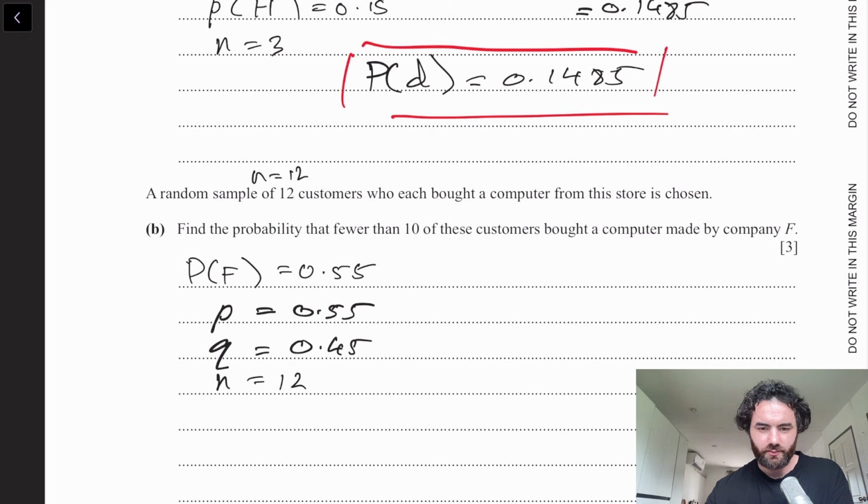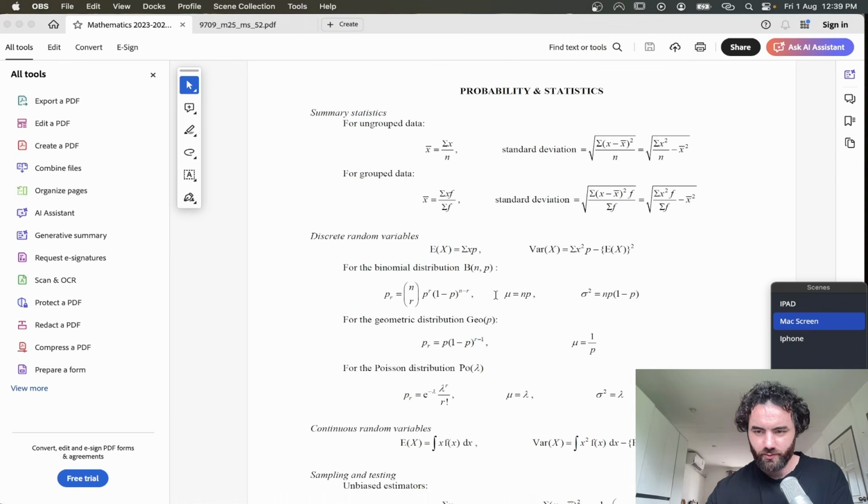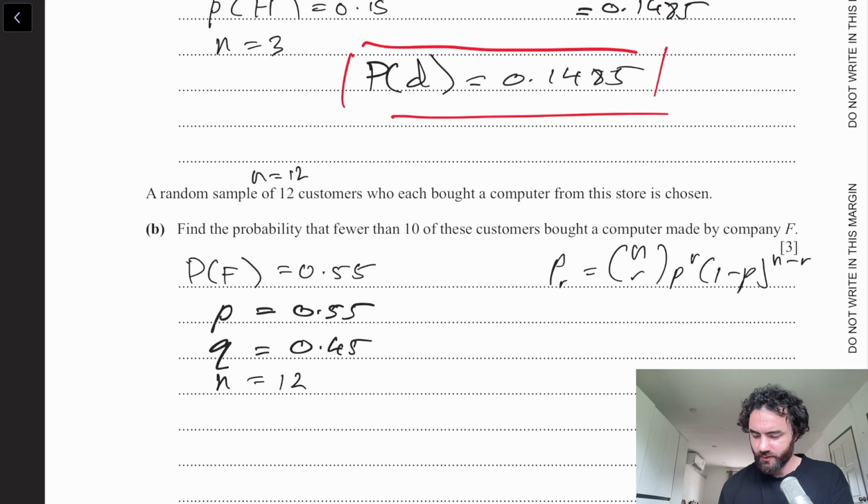Let's go over to this binomial formula, and we have this binomial formula here. So I'll write that down. So P(R) equals N choose R, P to the R, times 1 minus P, which is the failure. Okay, go back to math. Okay, so this is our binomial formula. This is what we want.